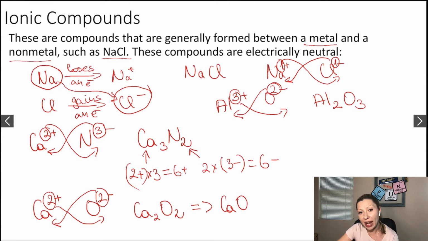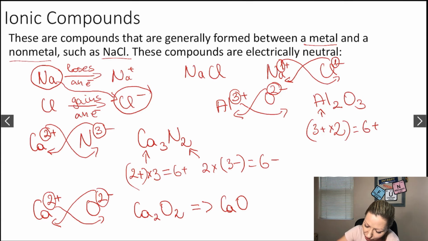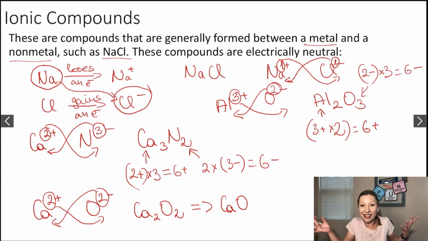Let's double check. So aluminum is 3+, and I have 2 of this ion, so I have to multiply this by 2. This is going to give me a 6+ charge, and oxygen is 2-, which I am multiplying by 3. That is going to give me a 6- charge. Okay, so they are equal. So overall, I have a neutral ionic compound.